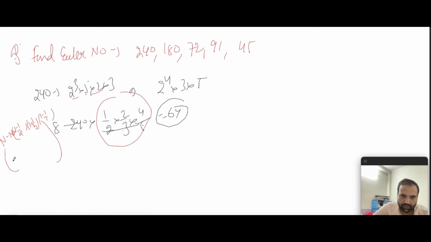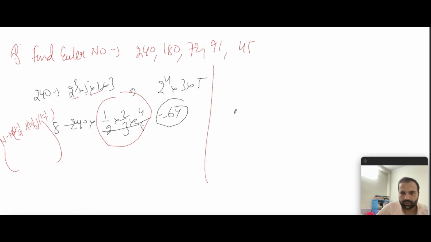That's what I've done over here. Now 1 minus 1 by a, I have directly written it, because I told you that while doing such fractions we need to minimize our effort and time. So we can see straight away that 2 is the prime factor, so it goes in the denominator, and 2 minus 1 would be in the numerator. That's what I have done over here.